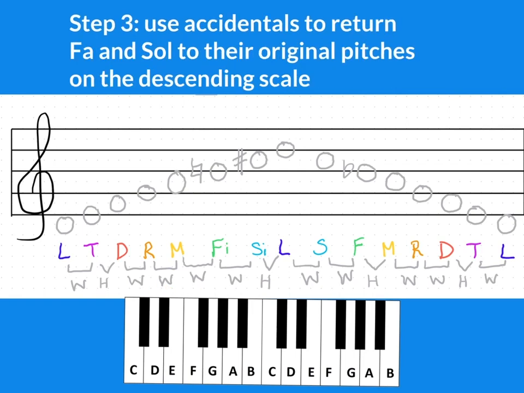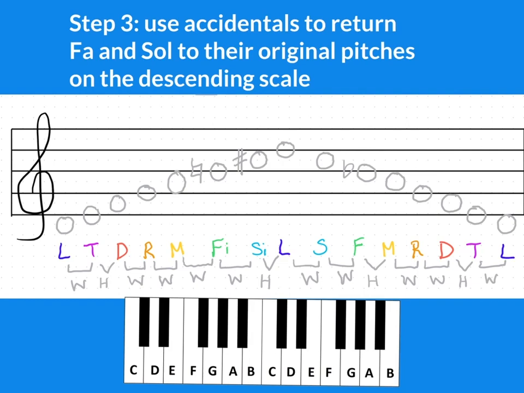And then finally on the descending melodic scale, it's actually going to go back to the way it was in natural minor. Si is going to go back to So, and Fi is going to go back to Fa. We already have our B flat from when we wrote a natural minor scale, and that's going to cancel out our earlier natural. But we do actually also need to make it clear that this So has gone back to C natural.